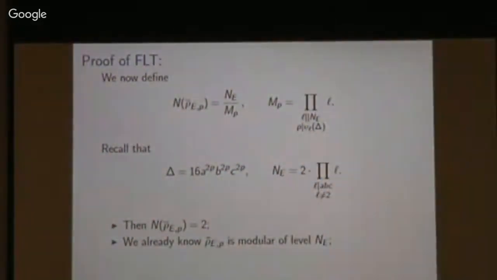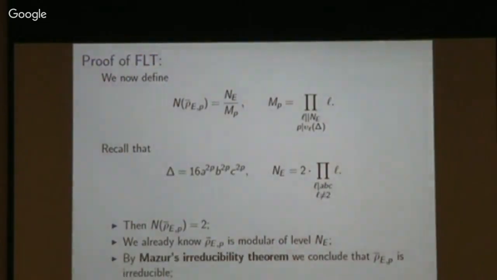I already told you that the mod P Galois representation is modular of level equal to the conductor. If we apply this big theorem of Mazur, we can also conclude that this mod P Galois representation is irreducible. And now there is a level lowering theorem due to Ken Ribet, which is too technical to show.